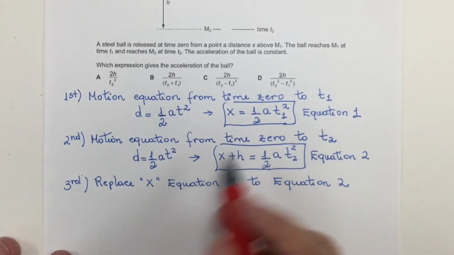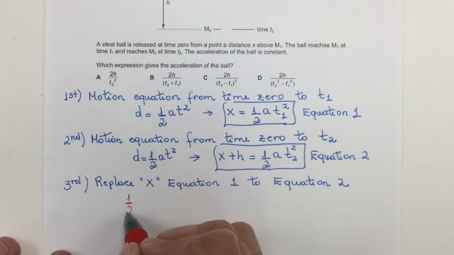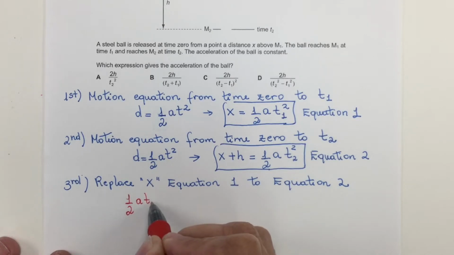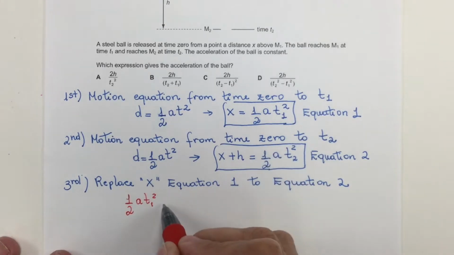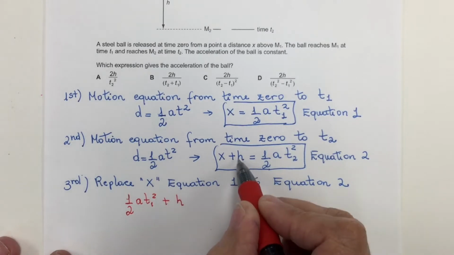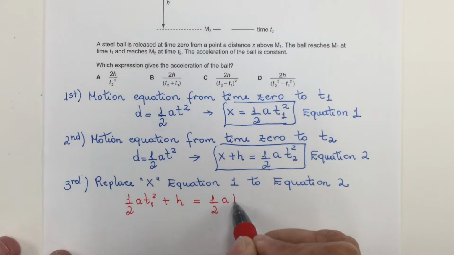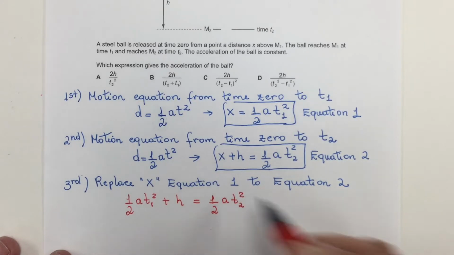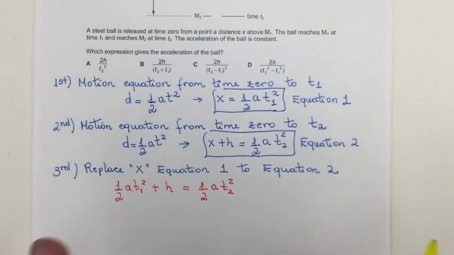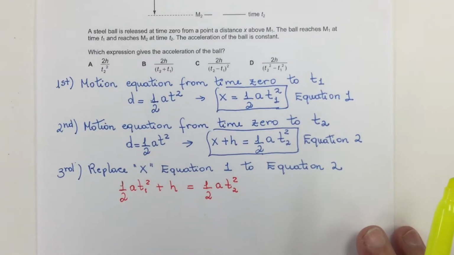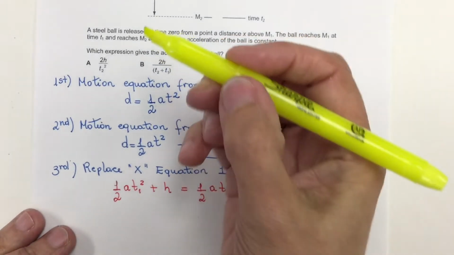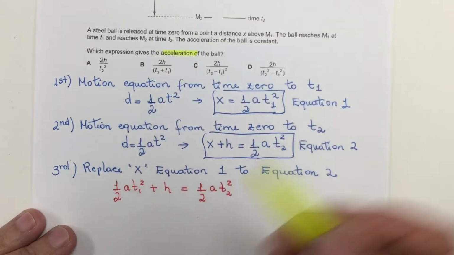So half a t1 squared plus h is equal to half a t2 squared. Now I'm going to stop and go back to what the question is asking. It's asking to find an expression for the acceleration.